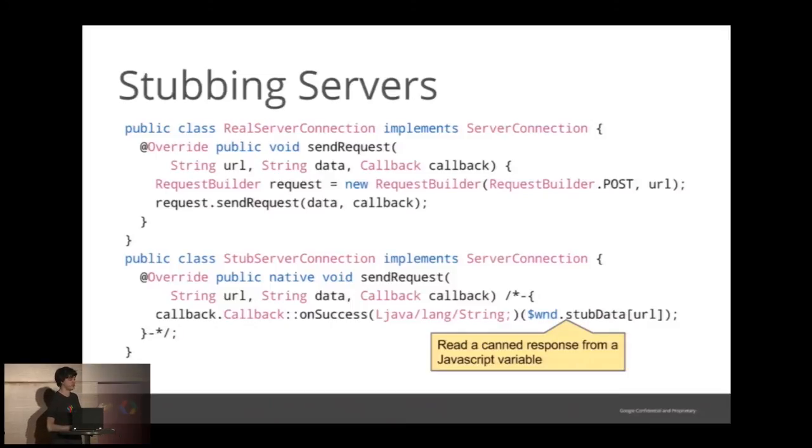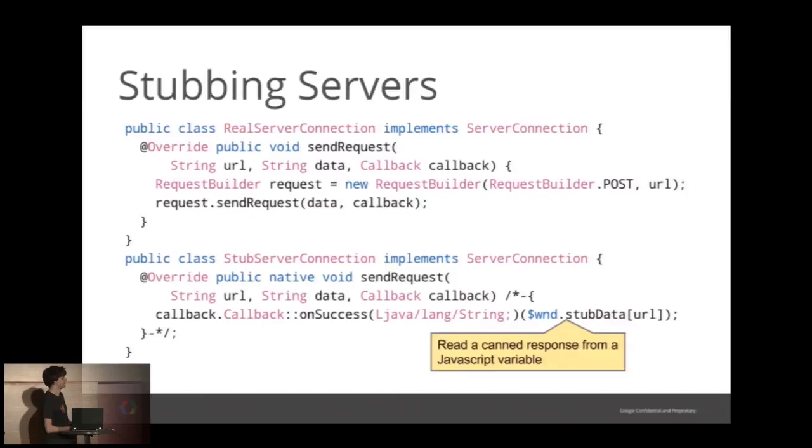So at some level in your application, whether you're using GWT-RPC or Request Builder or just constructing a request directly, you're going to have something in your code that calls down to the server to actually make that RPC. So what you have to do in order to make this testable is to factor out this sort of server connection interface, which allows you to provide both a real and a fake implementation of this connection.